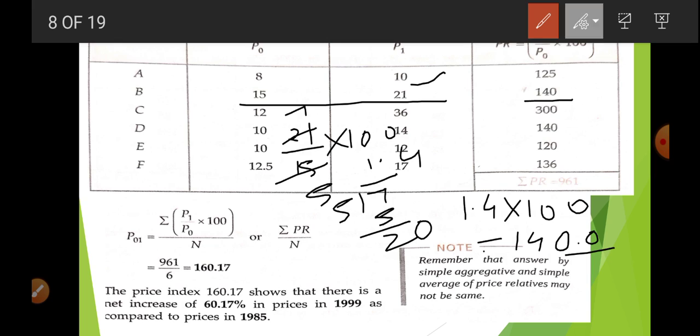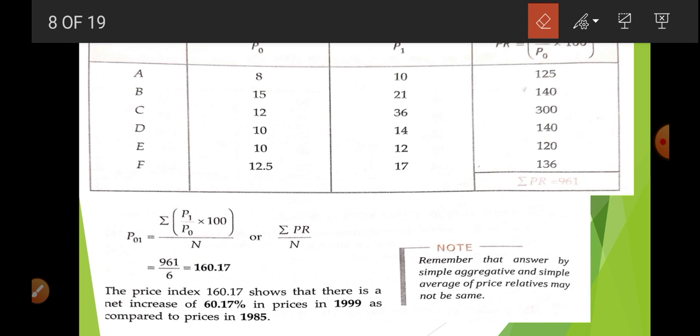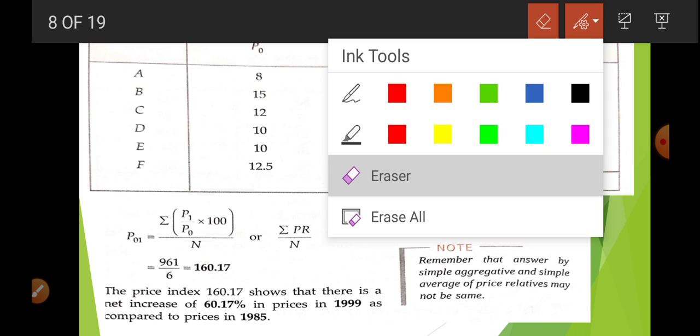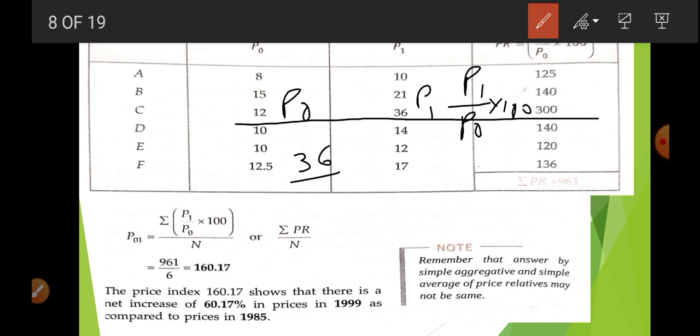Okay, student. Now the next, for 12 and 36, how do we get 300? So this is P1, this is P0, and the equation is P1 upon P0 multiplied by 100.